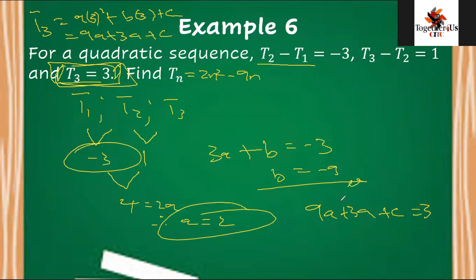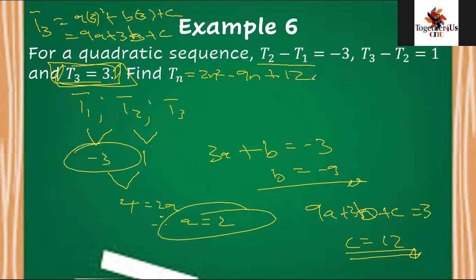So you substitute a, you substitute b, and you solve for c. And of course, if you do everything correctly, c should give you a 12. And so finally, that means our general term Tn is 2n squared minus 9n plus 12.